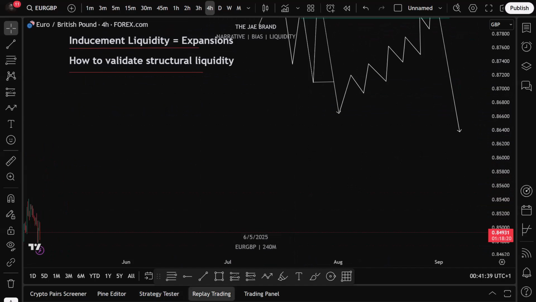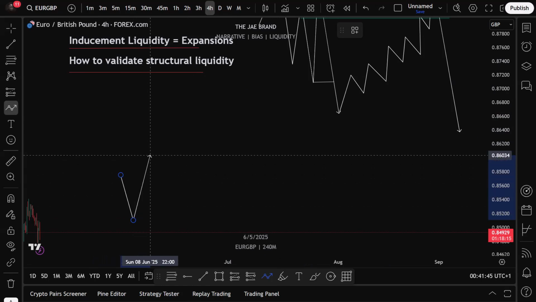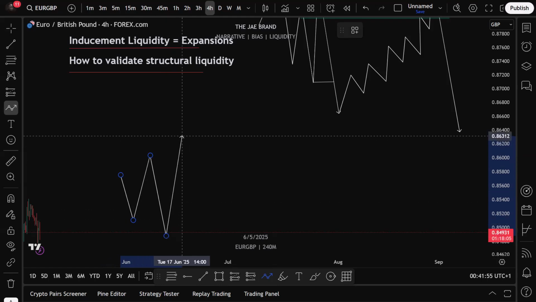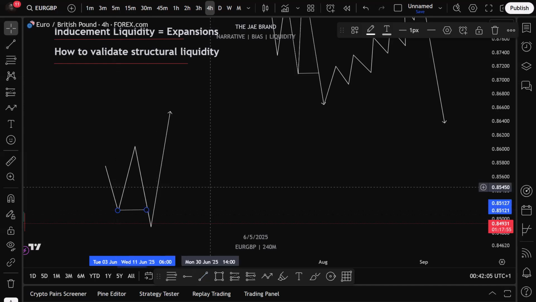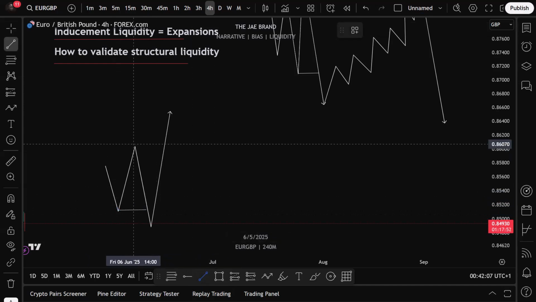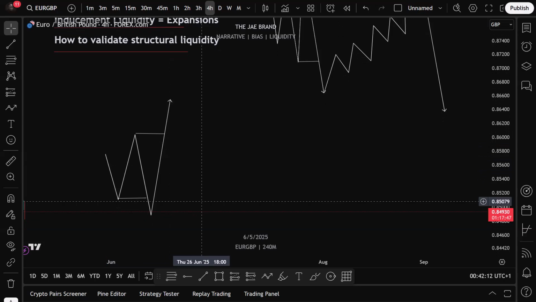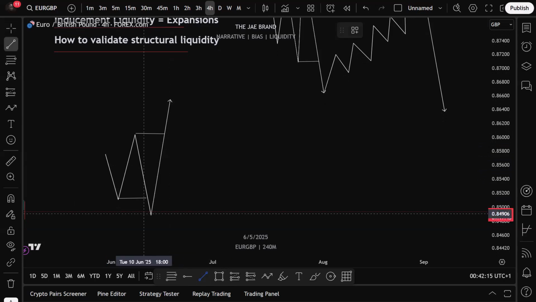Now for the buy model, it's the same thing. You have something like this, your swing structure. Let's take it this way, still the same thing, and there is no structural liquidity. We have this sweep of the previous low, we have a break of the recent high, which is our transactional liquidity, and we expect this low to be protected.